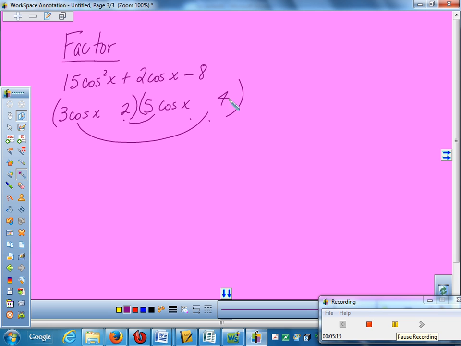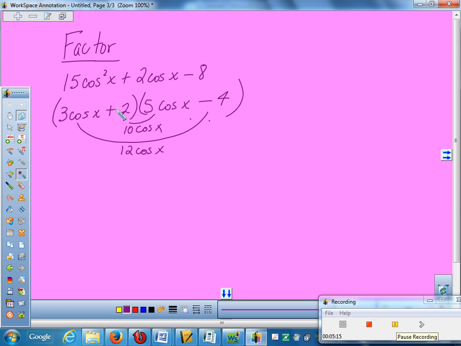You haven't eliminated 2 and 4 yet till you switch places. That's going to give me 10 cosine and 12 cosine. So what do I want to do with the signs? Negative 4 and positive 2, so I make a negative 8 in the back.